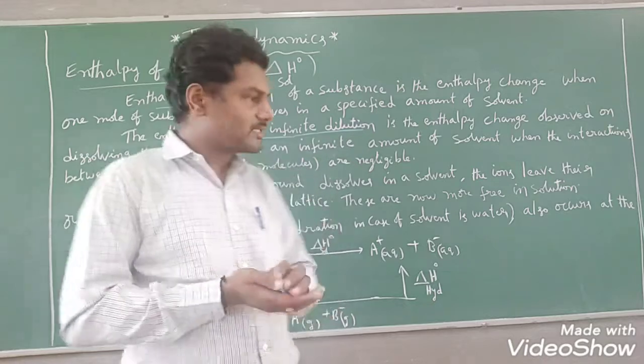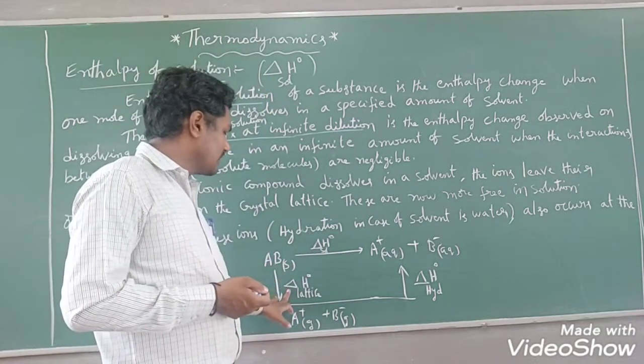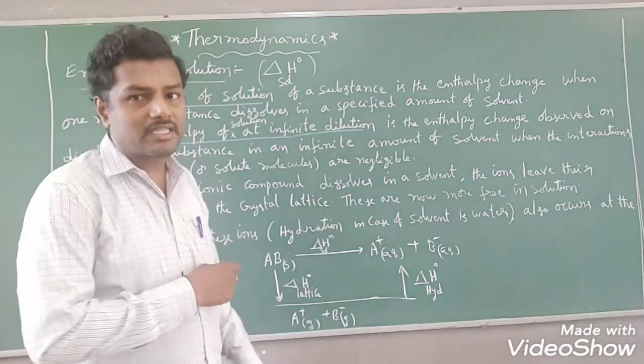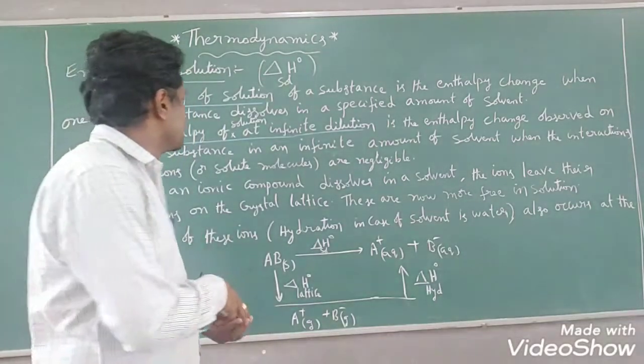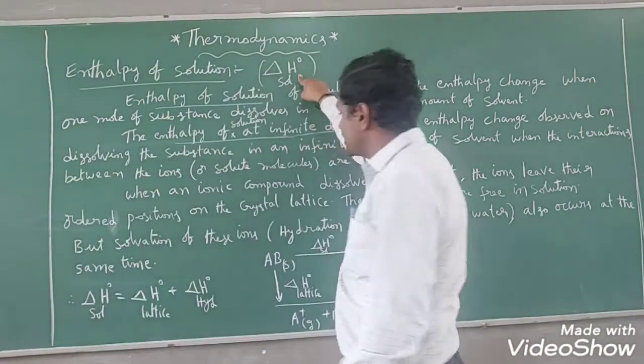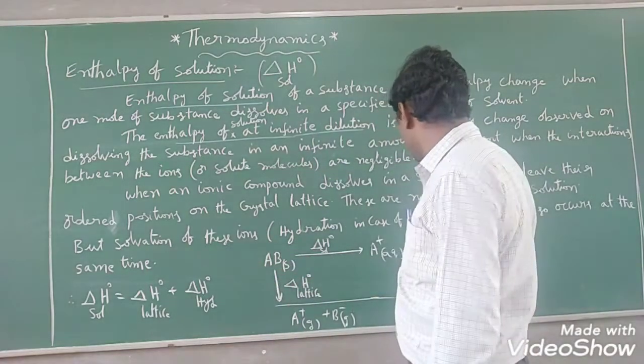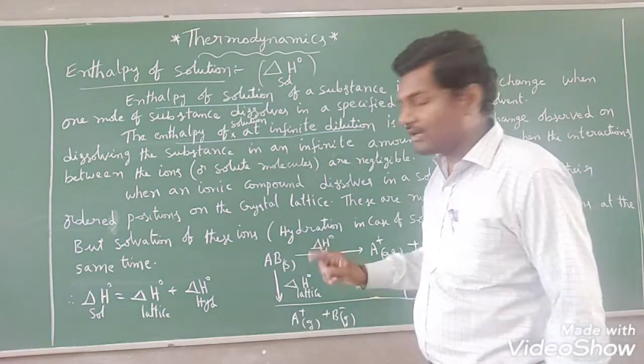Along with the lattice enthalpy, hydration enthalpy also occurs at the same time. So the enthalpy of solution is not only lattice enthalpy; in addition to lattice enthalpy, we have to consider hydration enthalpy, students.